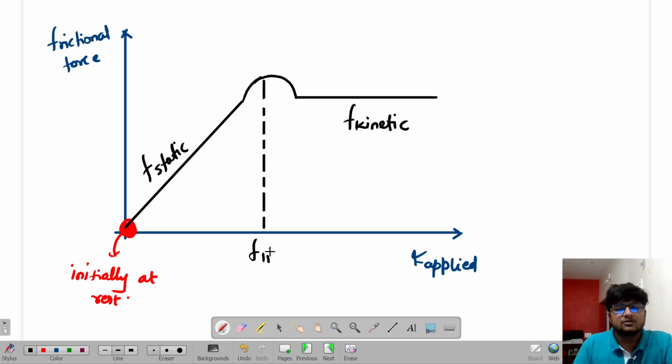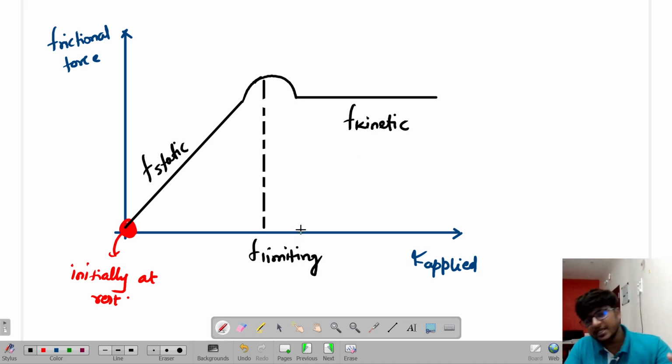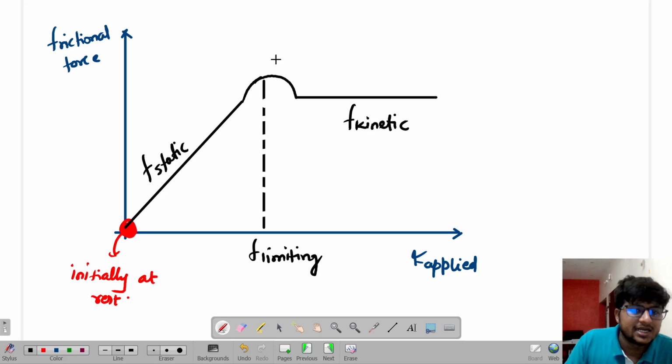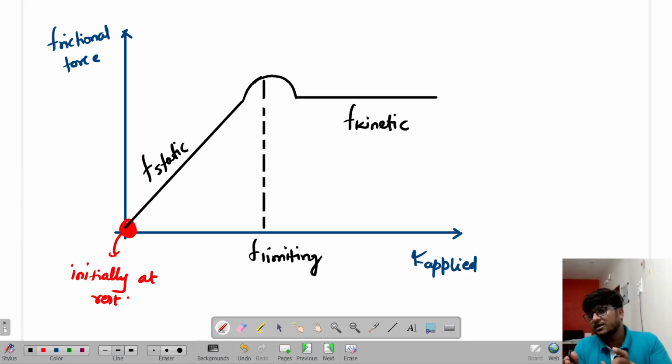Okay, now basically F kinetic and F limiting are almost the same. Why are they different? Because when it is at limiting, it is in a state of rest, and in a static condition I'll have maximum contact, meaning the bodies will fully overlap each other. There will be very little spacing left. But in F kinetic, as the bodies are moving, there is more spacing between the bodies.